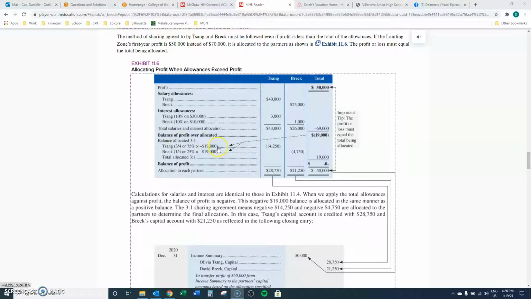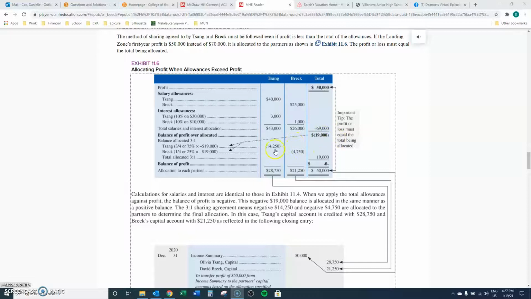We're taking 75% of the negative 19,000, which is negative 14,250, and we're taking 25% or 1/4 of negative 19,000, which is negative 4,750. So whereas before we were adding to the 43,000, we're subtracting from it now to get our new totals.